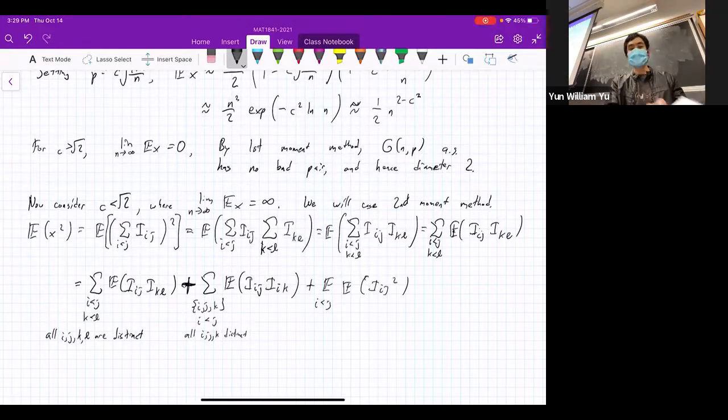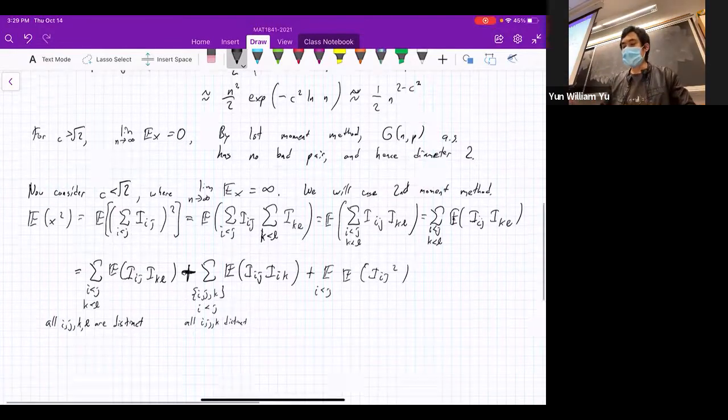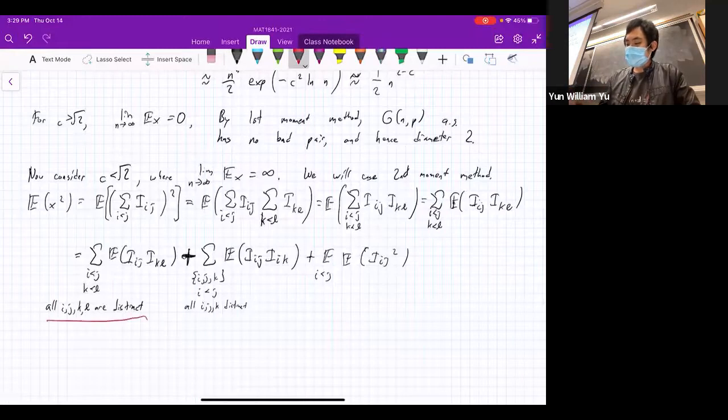So we're doing the exact same thing. We're splitting it up. And we notice that these are easy to upper bound. This one is hard.